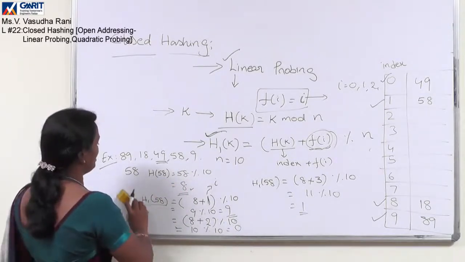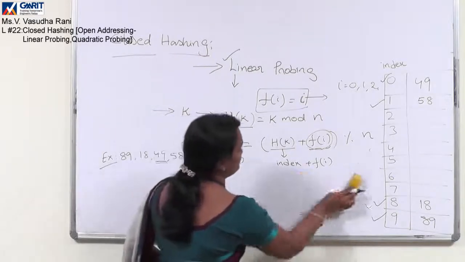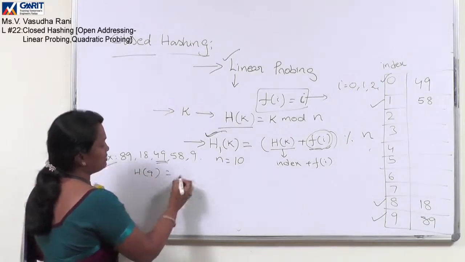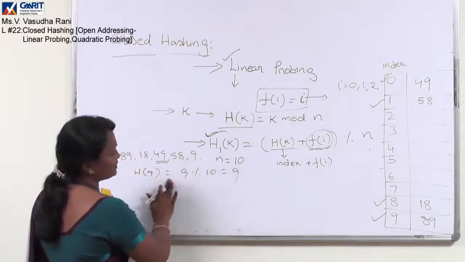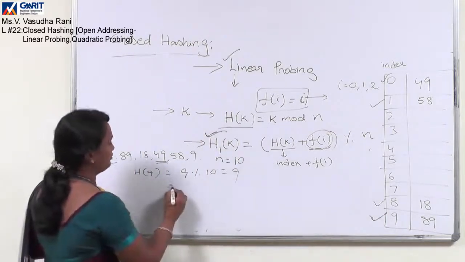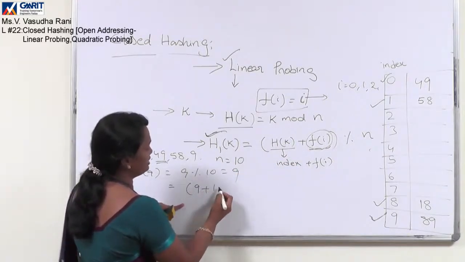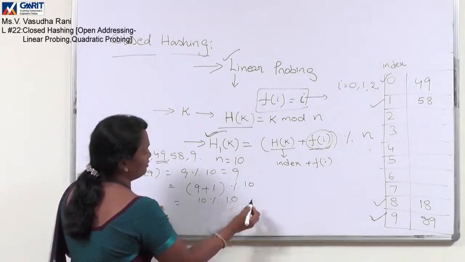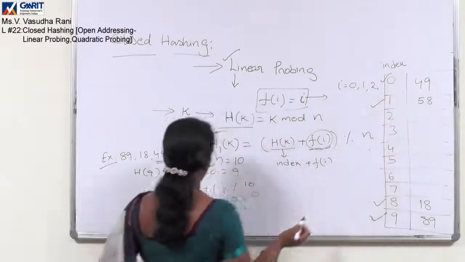Now for 9, the last value in the list we have taken, 9 mod 10 gives us 9, but 9 is already filled, so we add f of i. It will be 9 plus 1 mod 10, which is 10 mod 10, giving 0, but 0 is also already filled.